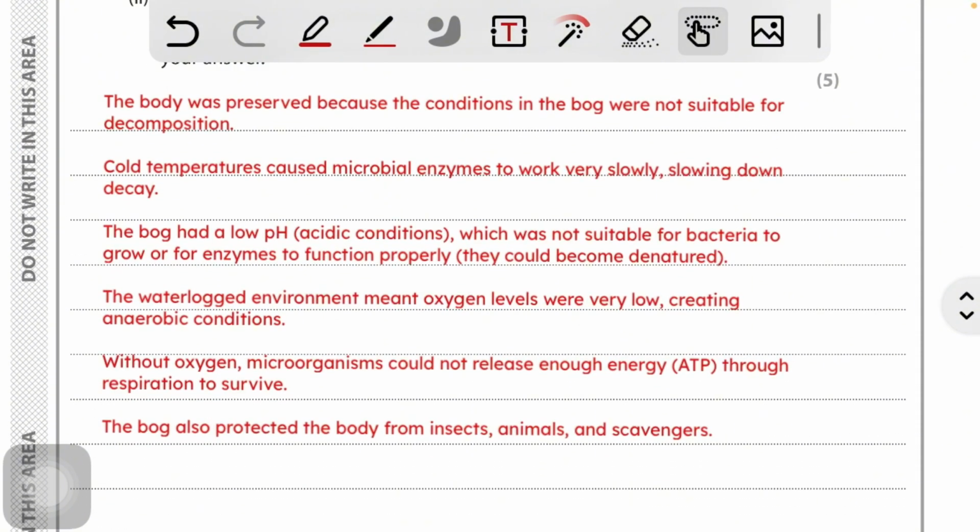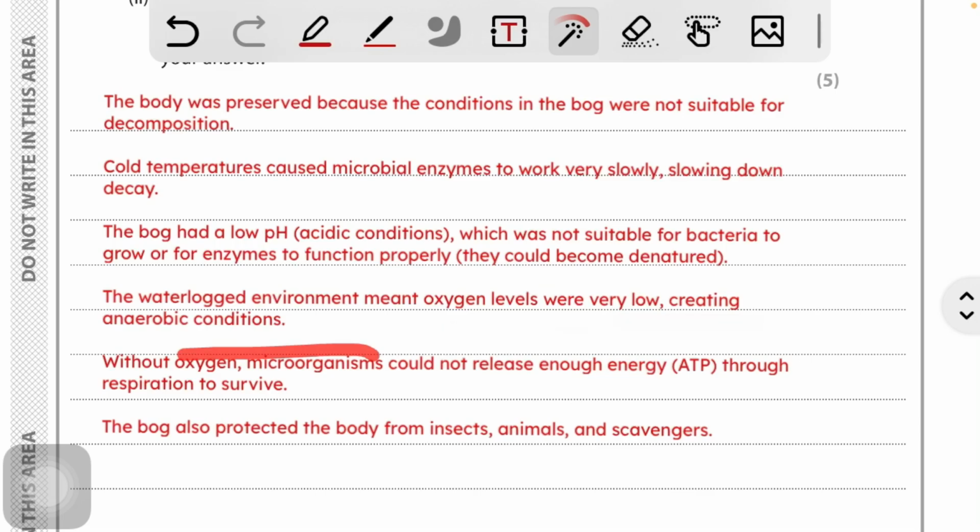The body was preserved because the conditions in the bog were not suitable for decomposition. Cool temperatures caused microbial enzymes to work very slowly, slowing down the decaying process. The bog had a low pH, as I said before. The waterlogged environment meant oxygen levels were very low, creating anaerobic conditions.